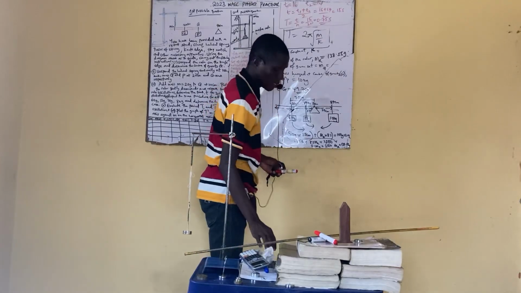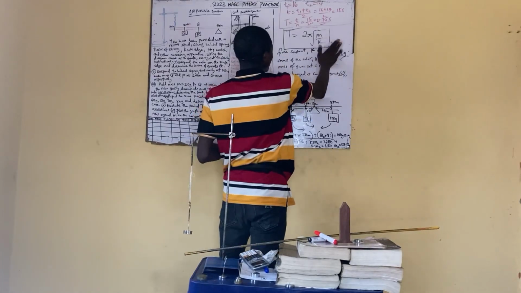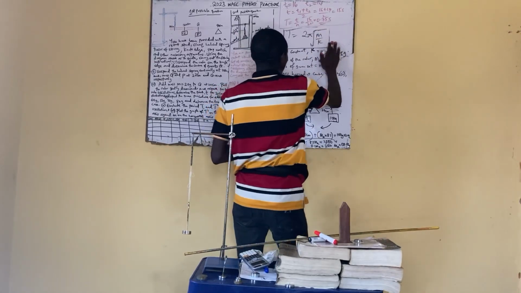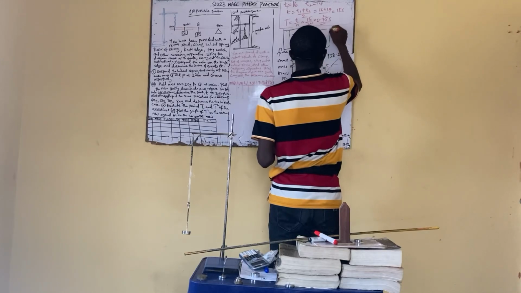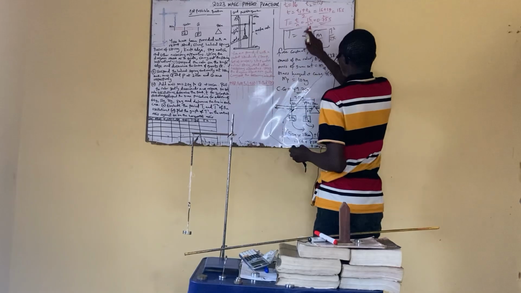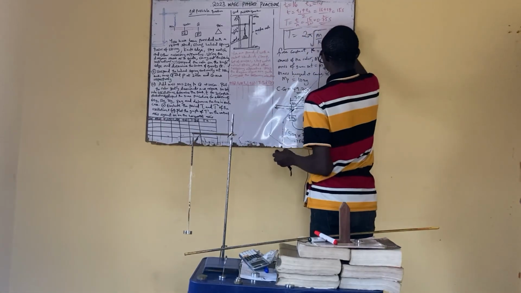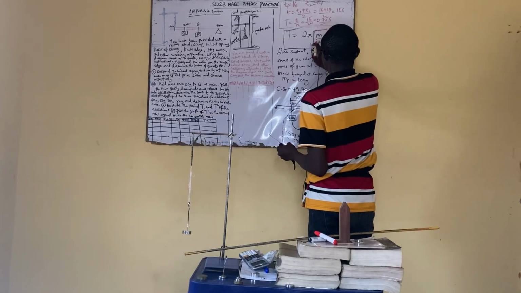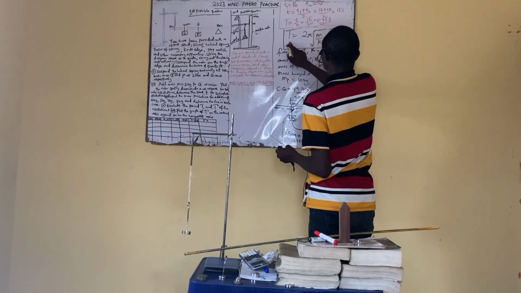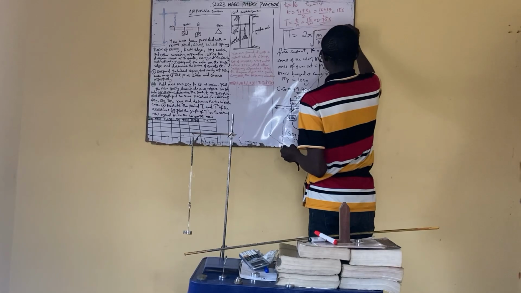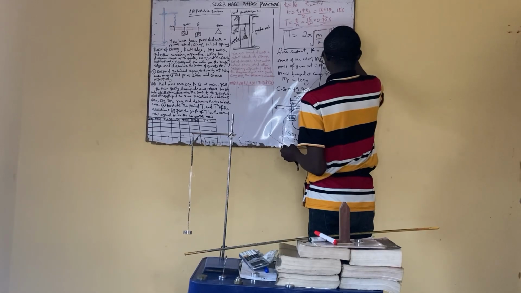Now, with that, I can easily calculate my K. If you make this one subject of the formula, you just square everything, T squared over 2 pi, equal to m over K. We are trying to make K the subject of the formula.